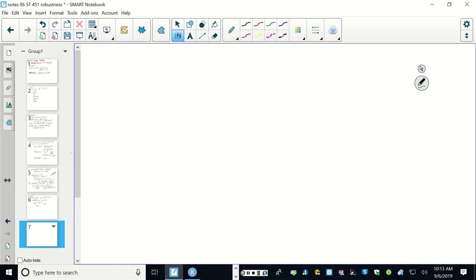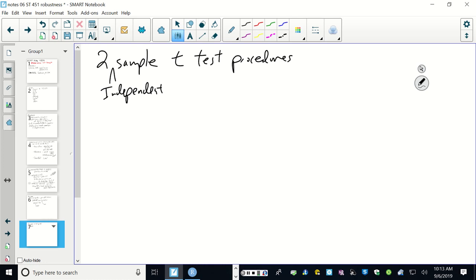So our two-sample independent sample t-test procedures. We had two groups, and we summarized them.